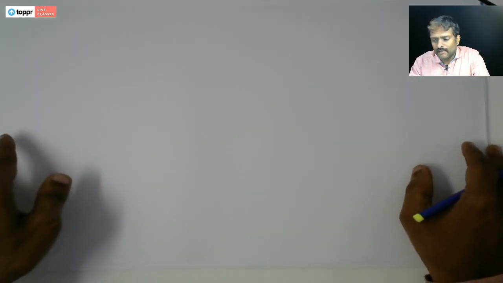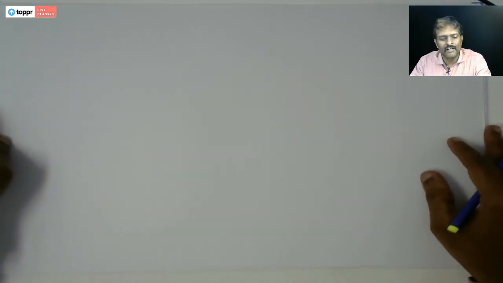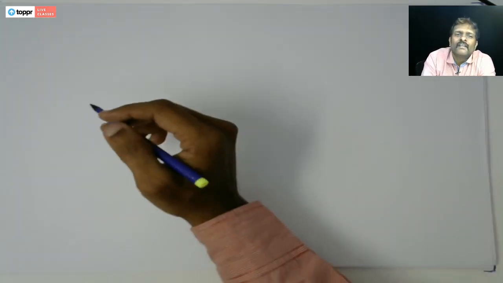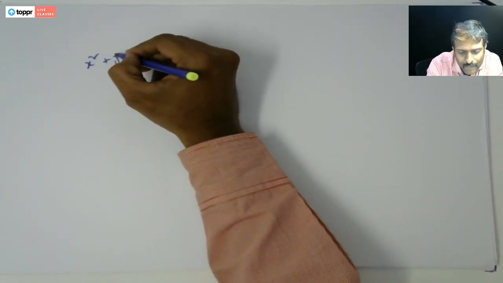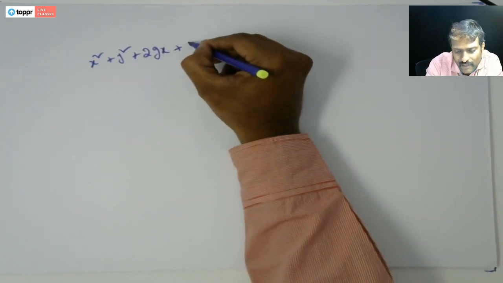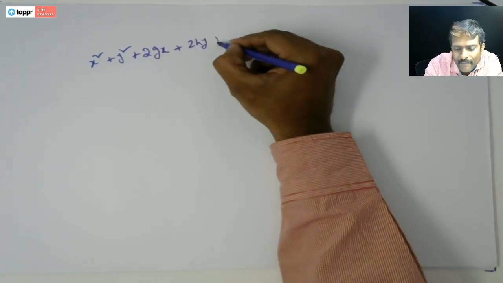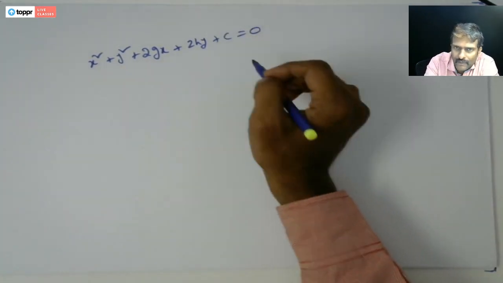Now let us see the general form of the equation of a circle. What's the general form of the equation of a circle? We all know, right? Like x square plus y square plus 2gx plus say 2hy plus c is equal to 0, right?